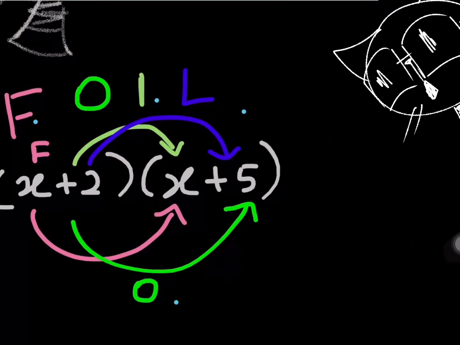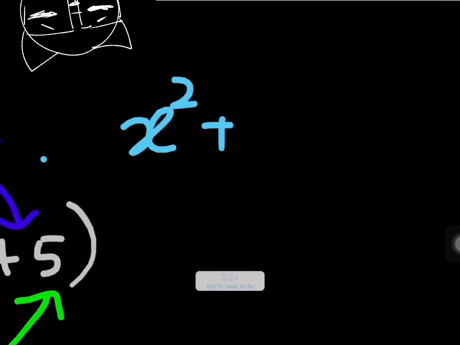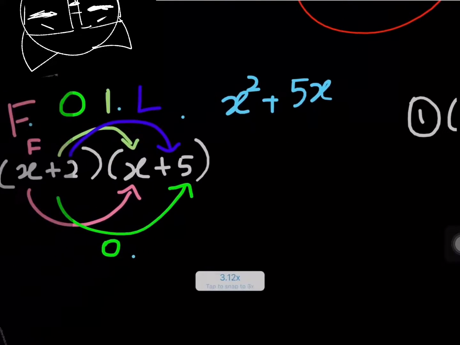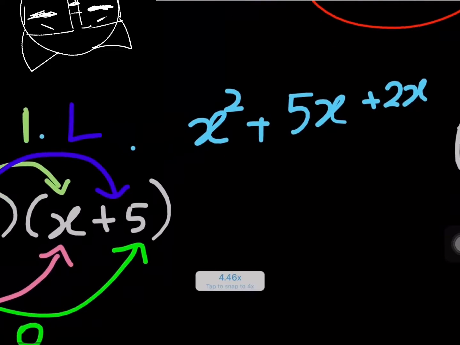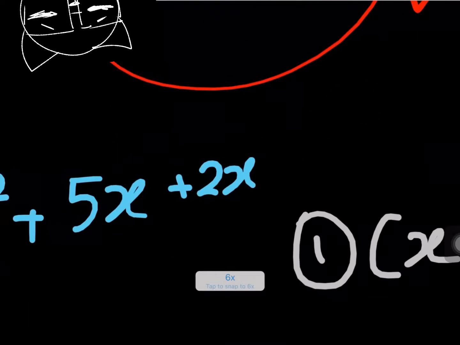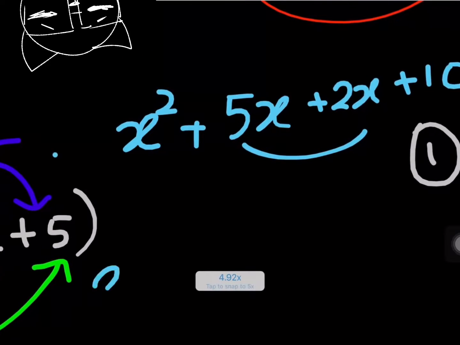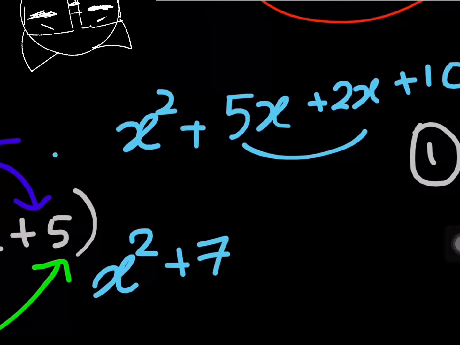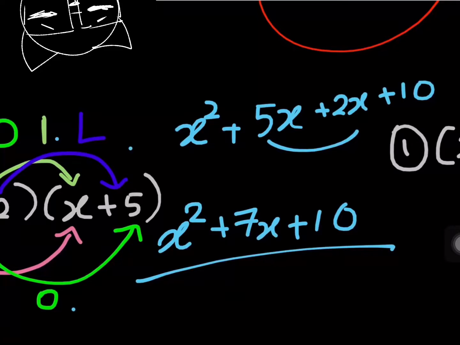So x times x will be x squared plus x times 5 would be 5x, and then we have 2 times x, which will be 2x, plus 2 times 5, which will be 10. Now we can simplify the two x terms over here. So x squared plus 7x plus 10. And as you can see, this has now become a quadratic.